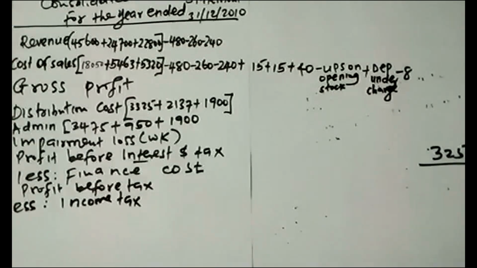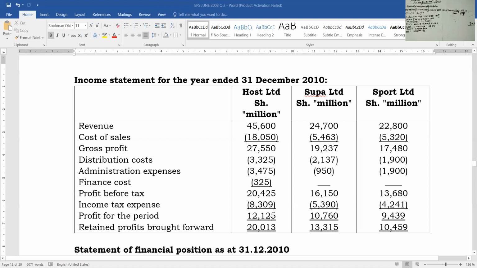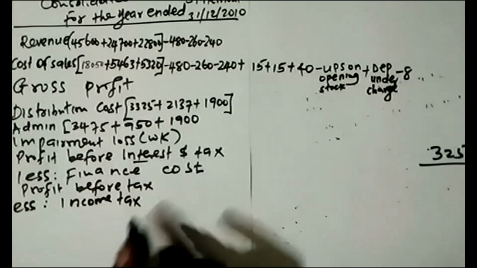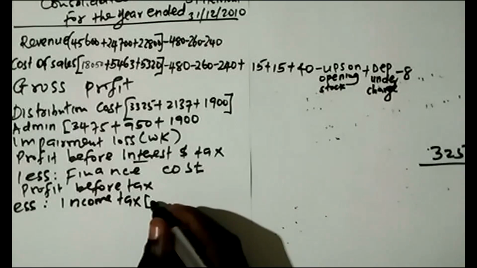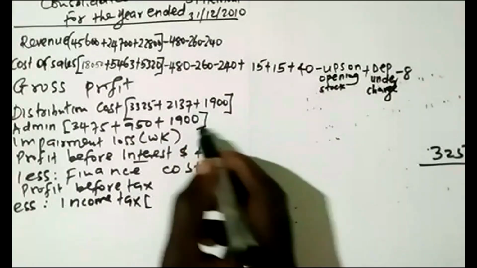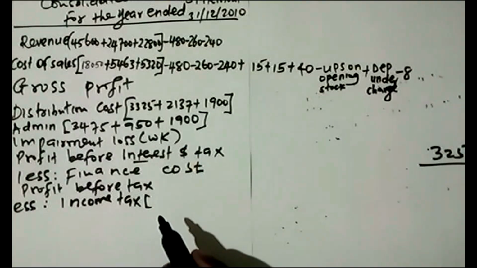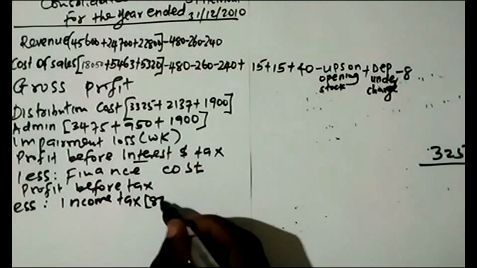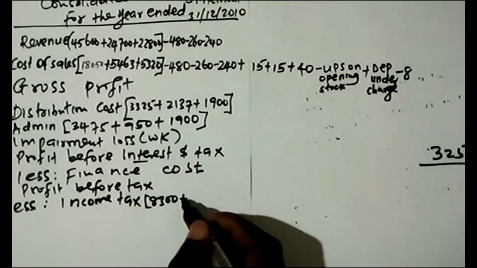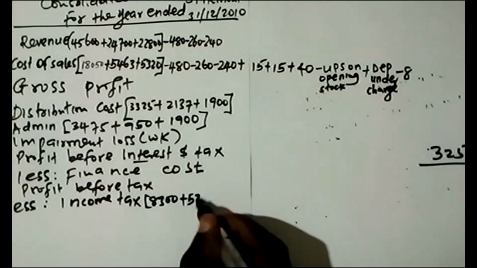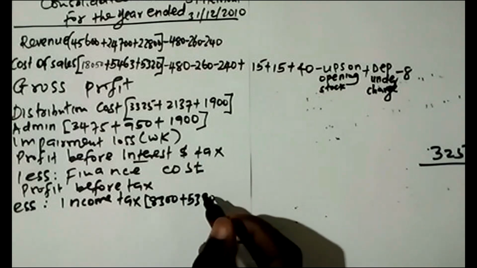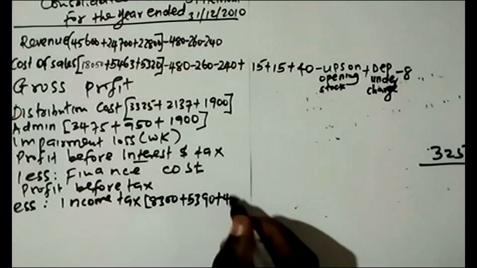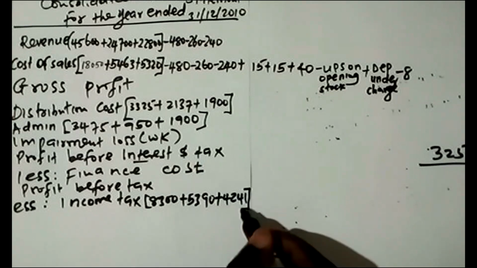For that one it is 1809, 5390, and 4241. That is the tax. So the tax here is 83 plus 5390 plus 4241.